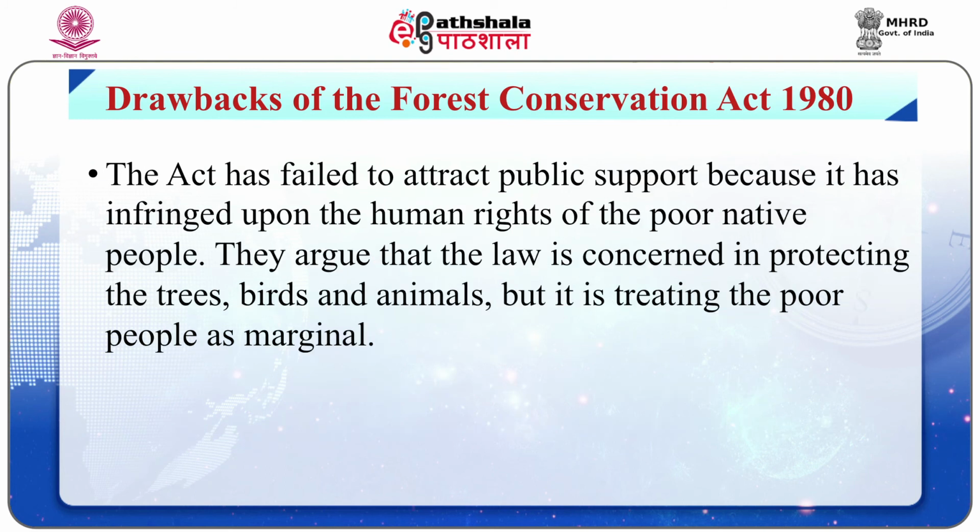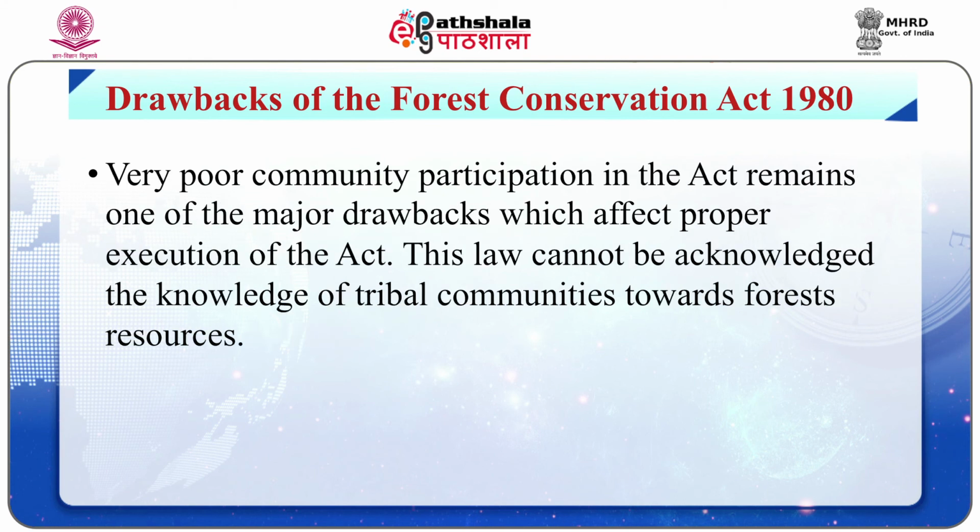Number 2, the act has failed to attract public support because it has infringed upon the human rights of the poor native people. They argue that the law is concerned with protecting the trees, birds and animals, but it is treating the poor people as marginal. Number 3, very poor community participation in the act remains one of the major drawbacks which affect proper execution of the act.